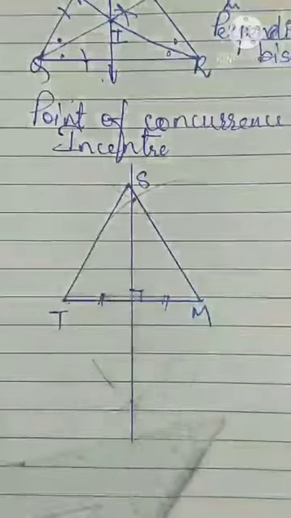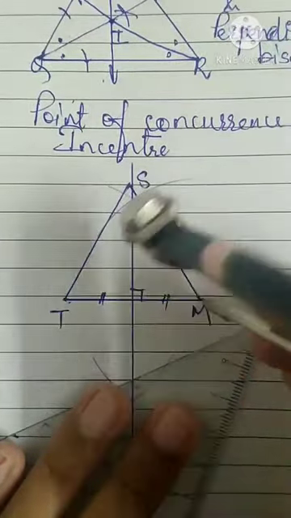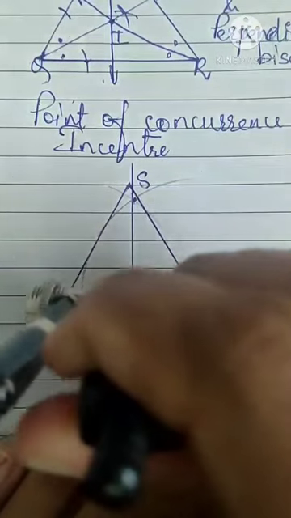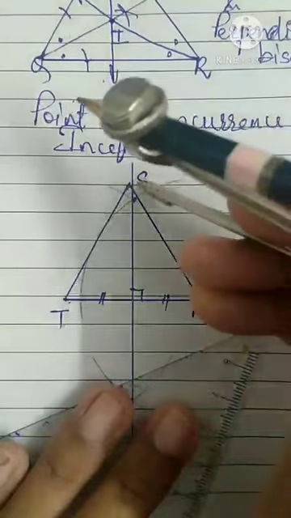Similarly, you used to draw perpendicular bisectors for the remaining two sides. Same way, more than half, one arc here, one arc this side. Keeping on S, cut the arc.